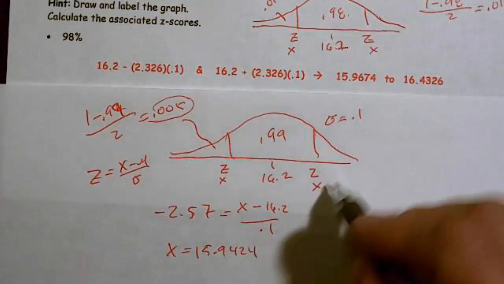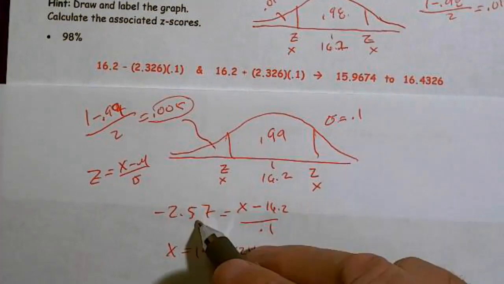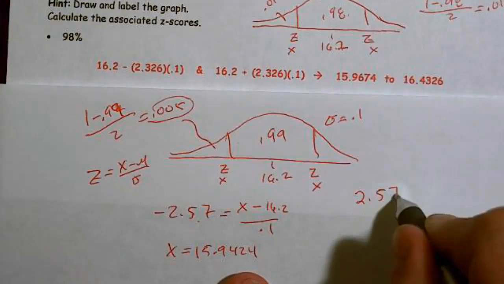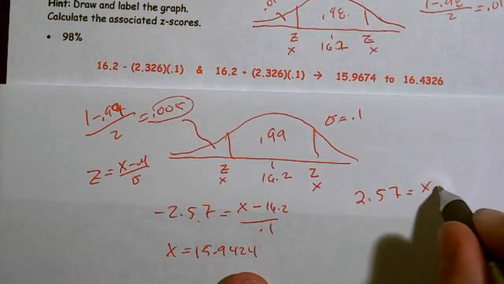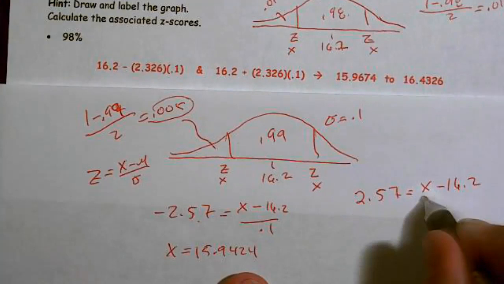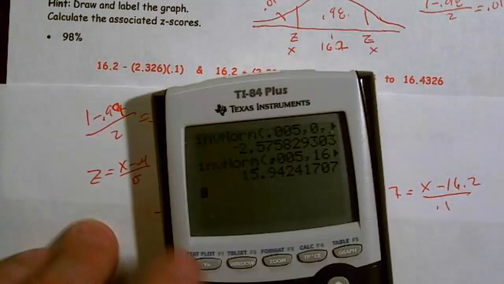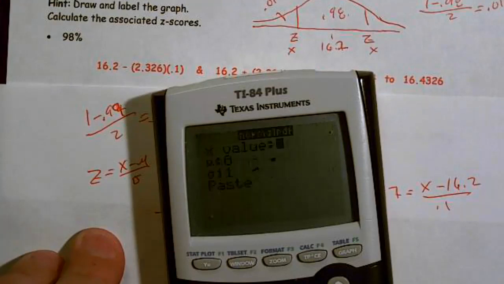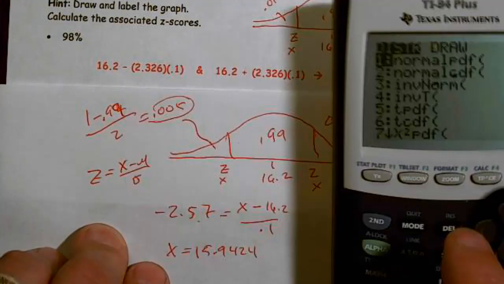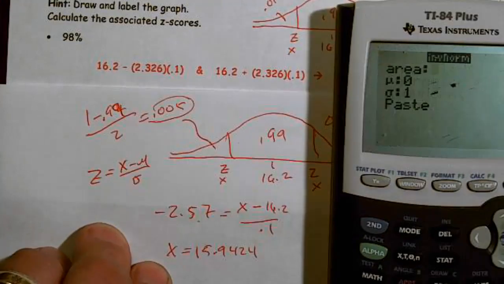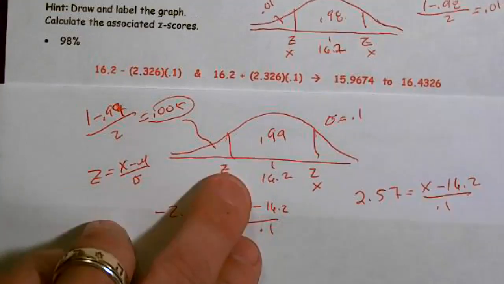My upper bound, we know we're just going to flip this, because it's symmetric, so it's 2.57 equals x minus 16.2 over 0.1. Now I have to be careful. Second vars, inverse norm. And what's my area?